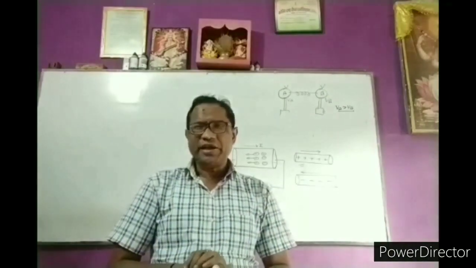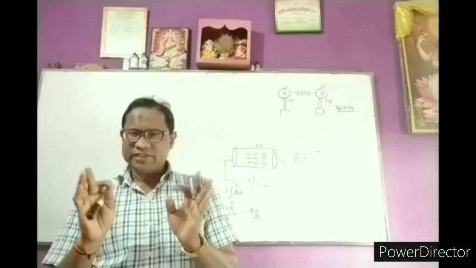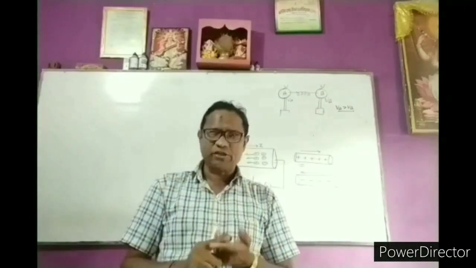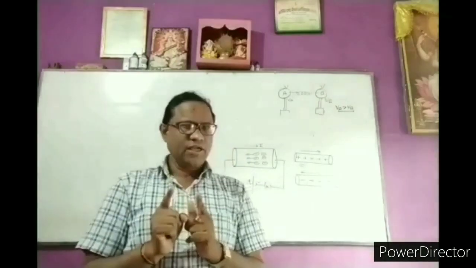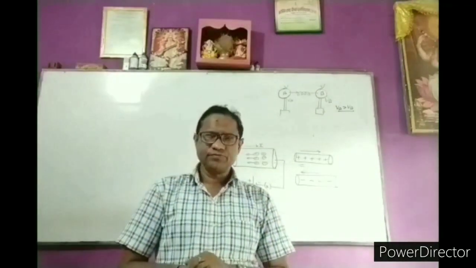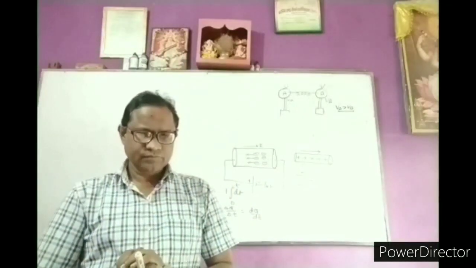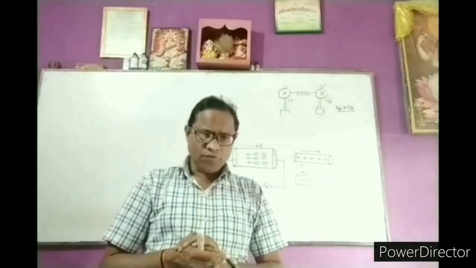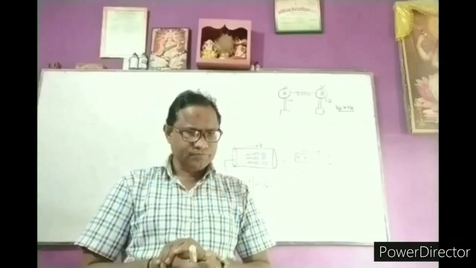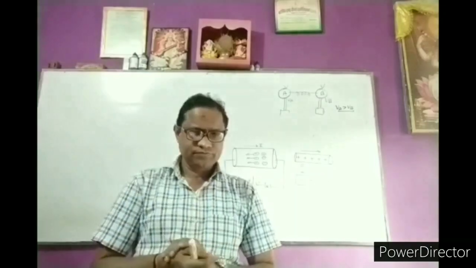Next topic, nature of electric current. Electric current is a scalar quantity. Although electric current has magnitude as well as direction, yet it is not a vector quantity. The laws of simple algebra are used to add electric currents.